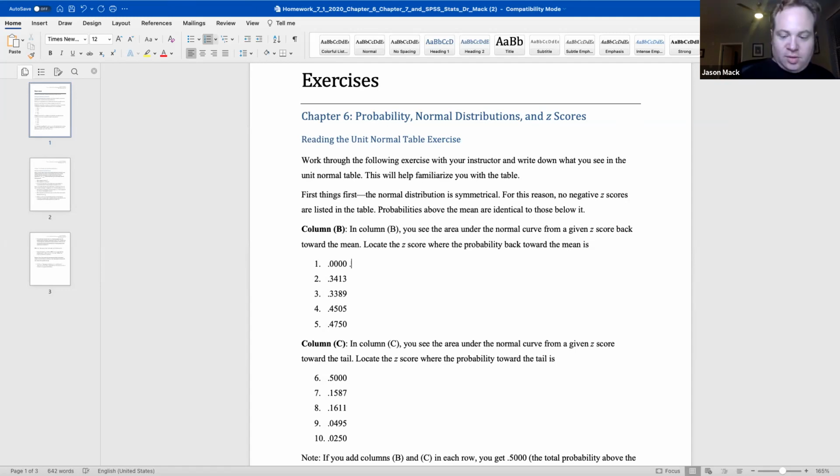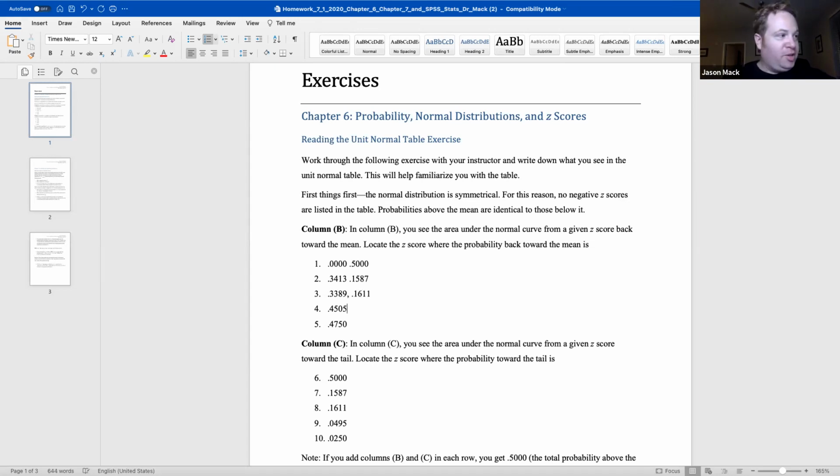Actually, that was the one that we're looking at, 0.5000. Our next one, 0.3413, we look for the z-score where the probability back towards the mean is. You should have 0.1587. And then the next one you want to look at for 0.3389 is going to be 0.1611.